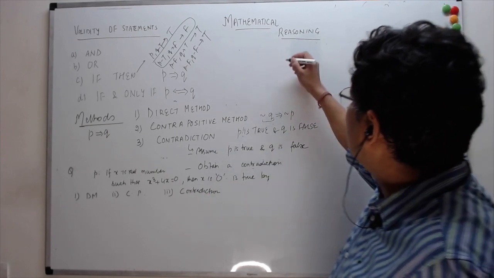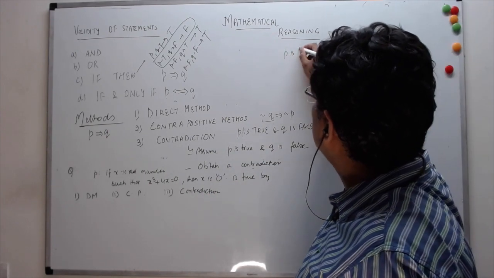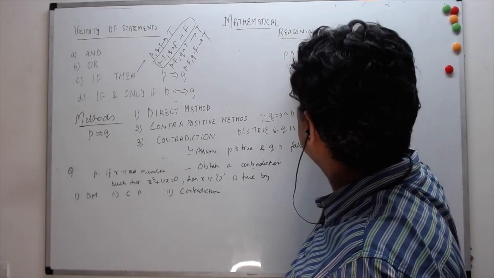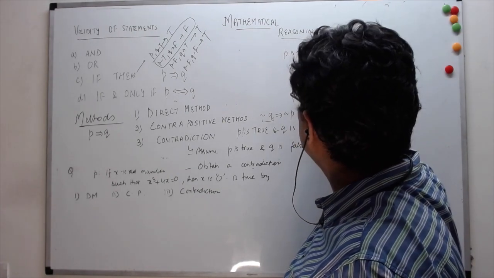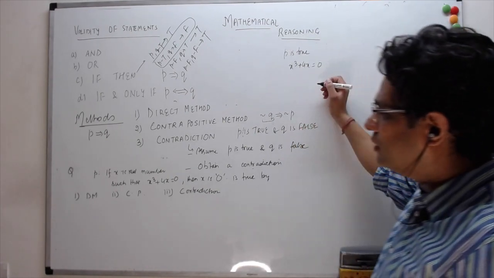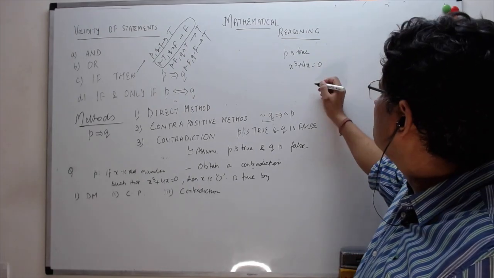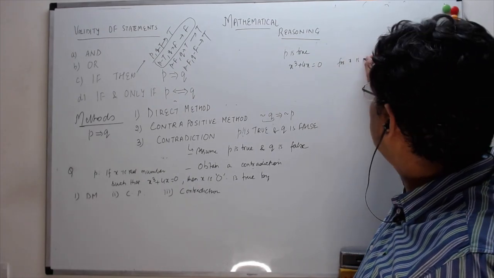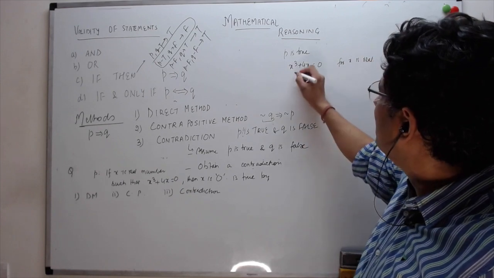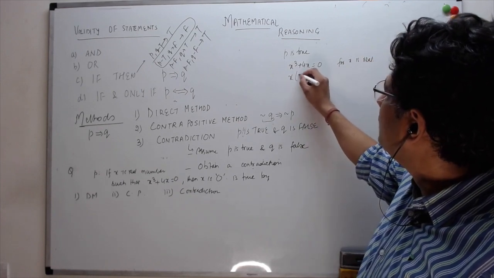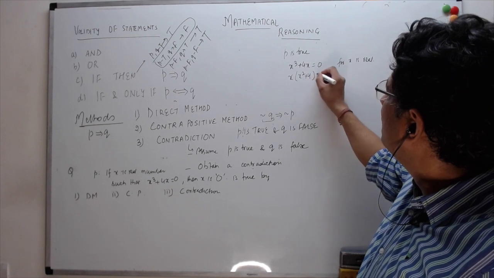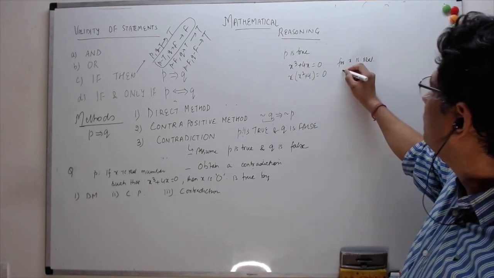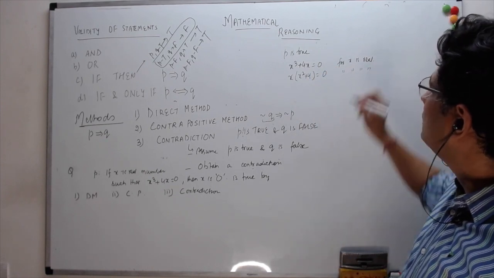So if P is true, that means x cube plus 4x equals 0 is true for x real. That means I can write x times (x square plus 4) equals 0 for x real.